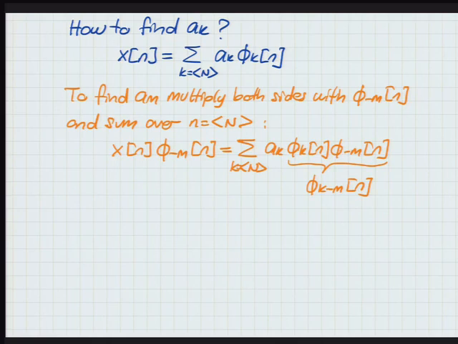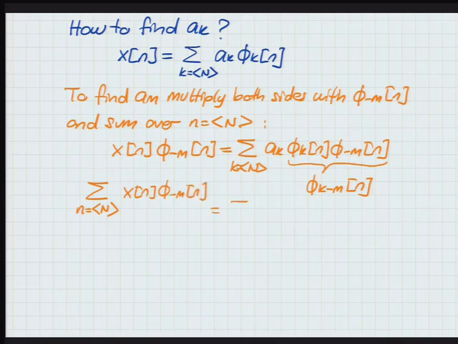That's the first thing we do. I said multiply both sides with phi negative m, which we did. And now let's sum both sides over n. So we're taking the sum over one period of time of x of n phi negative m of n.